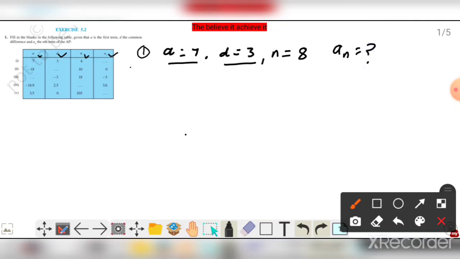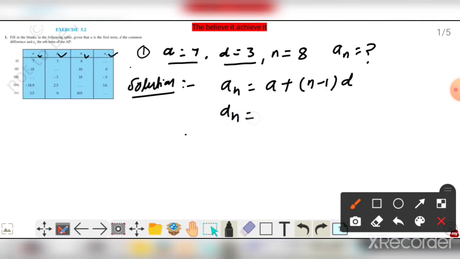As we know the formula to find the nth term, An equals A plus n minus 1 into D. We'll just put the values here. An equals A is given 7 plus n is given 8 minus 1 into D is given 3.